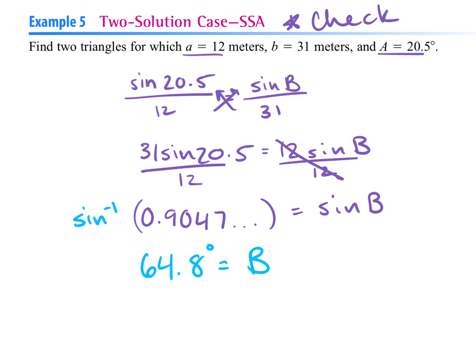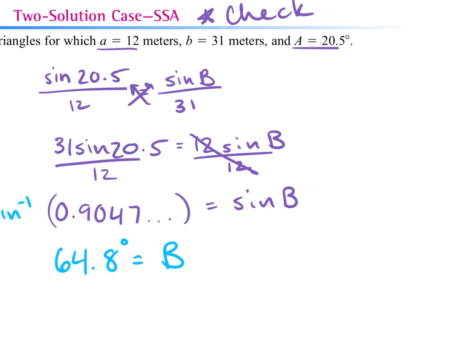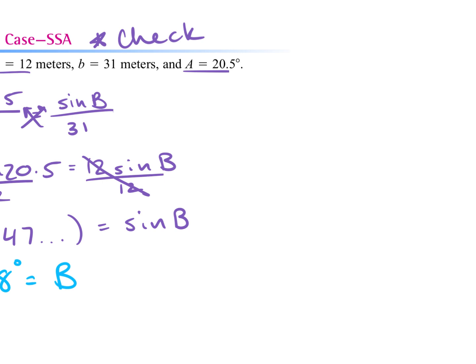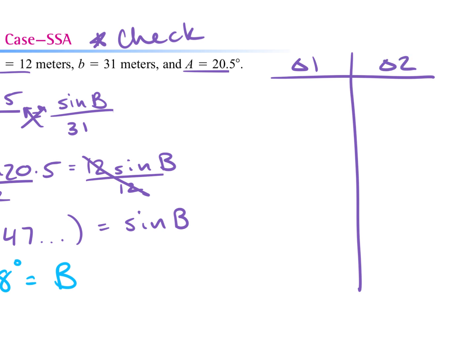So because we have the possibility of having two triangles, I'm going to draw a little chart here so we can keep everything straight. What I found now is in triangle 1. I'll draw triangle 2 here. Start with the given. What were we given? Angle A was 20.5 degrees.